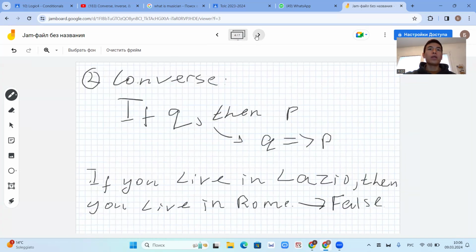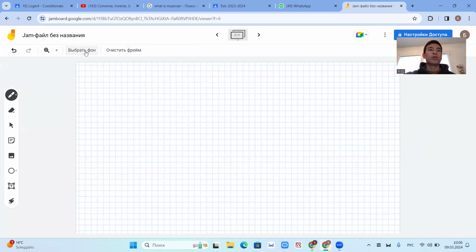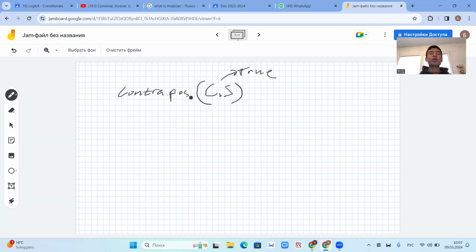Why is it like this? Let me show you the relation. Okay. Conditional statement. Let's say our conditional statement is true. And we take the contrapositive of the conditional. Converse, in most cases, will be false.